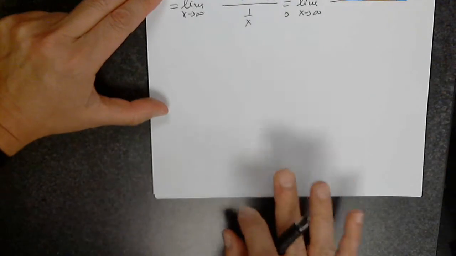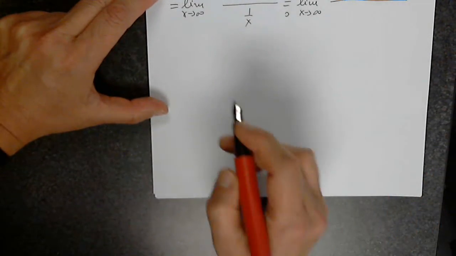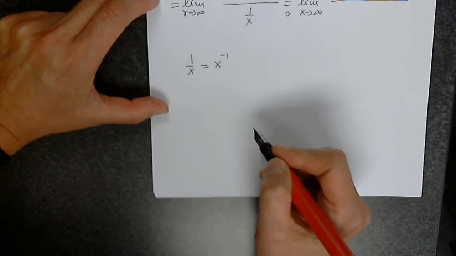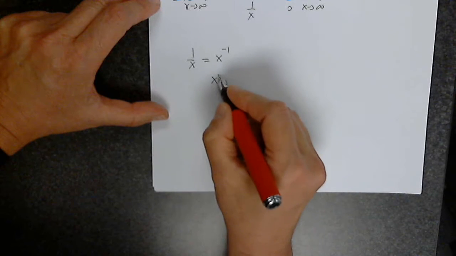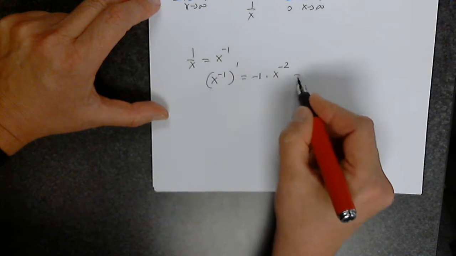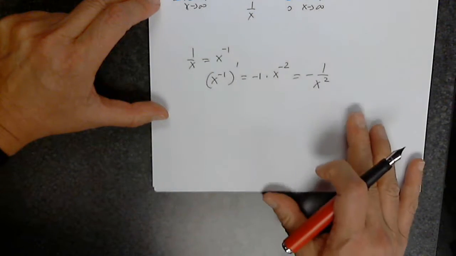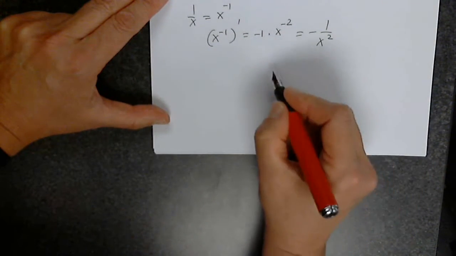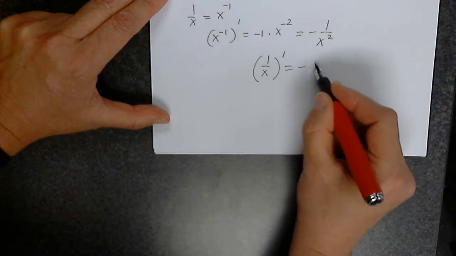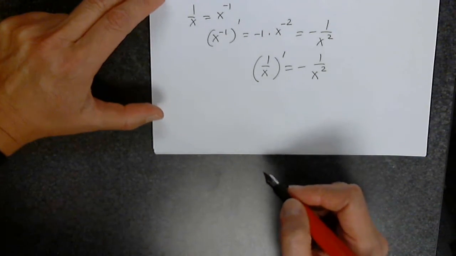So let's differentiate so we remember this. This is important. So you agree that 1 over x is the same as x to negative 1? So when I differentiate x to negative 1, I have negative 1 times x to negative 2, which is negative 1 over x squared. Try, if possible, to remember that every time you differentiate 1 over x, you get negative 1 over x squared.